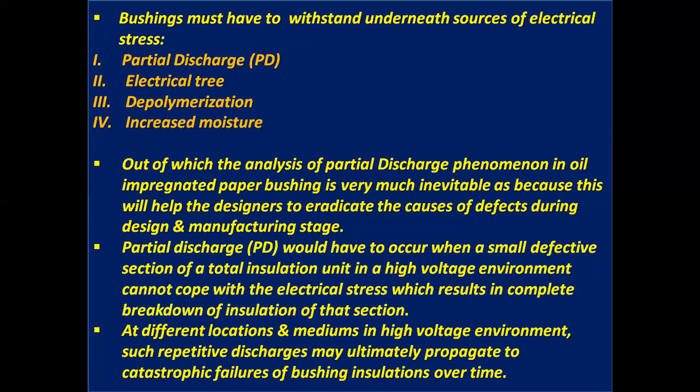Out of these, the analysis of the partial discharge phenomenon in oil impregnated paper bushing is inevitable, because this will help designers eradicate the causes of defects during the design and manufacturing stage. Partial discharge occurs when a small defective section of a total insulation unit in a high voltage environment cannot cope with the electrical stress, which results in complete breakdown of insulation of that section.